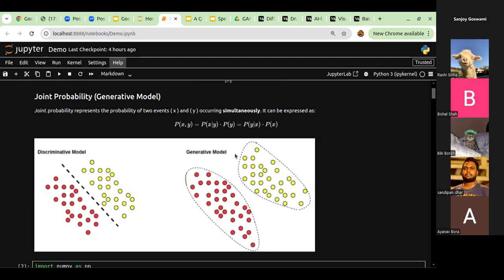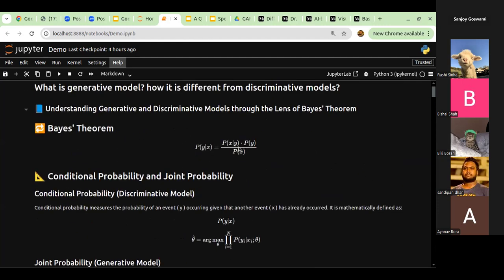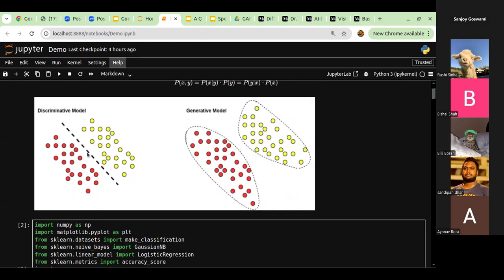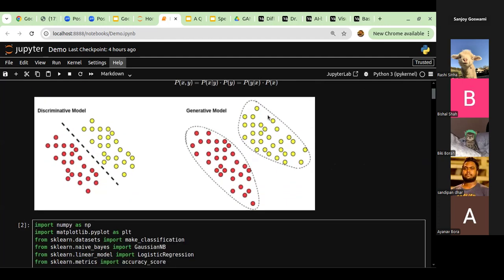Now comes the generative AI models. Generative AI models are very interesting. So far we have been trying to learn the decision boundary, which can distinguish between these two classes. Generative models not only learn how the two classes can be distinguished, but also learn the distribution of each.